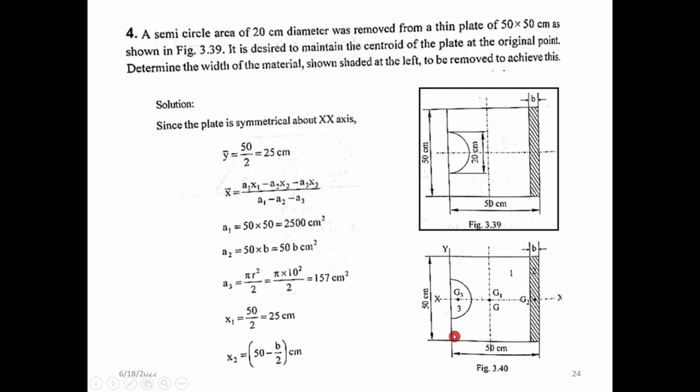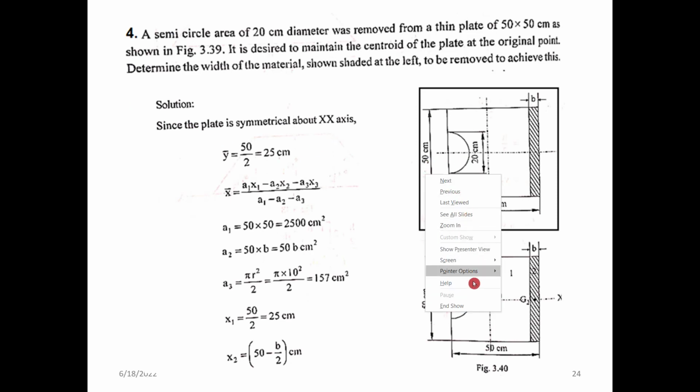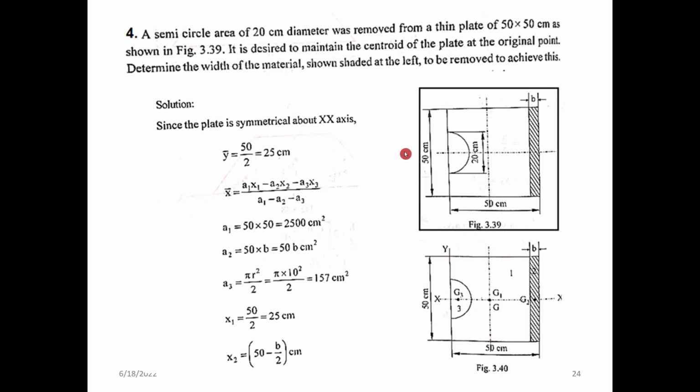Since the plate is symmetrical about the x-axis, which is this horizontal axis, y bar is exactly at the center. So there is no doubt, y bar is 25 centimeter.